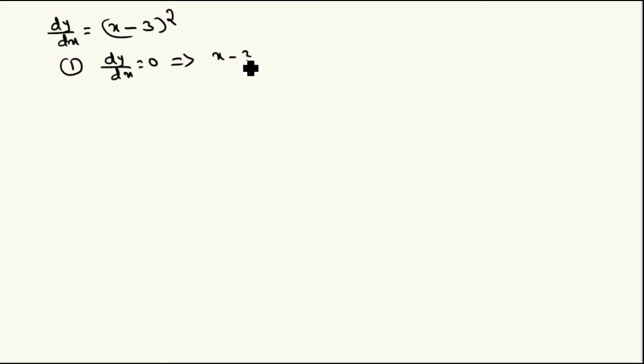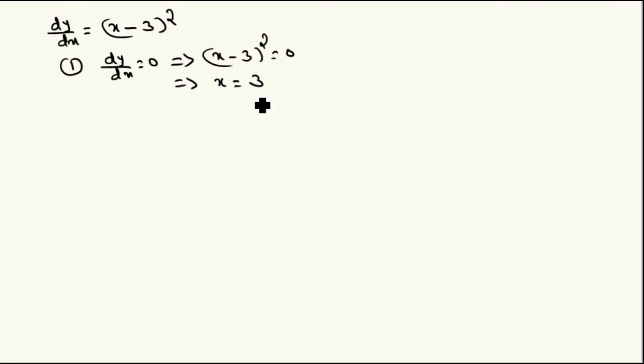Now we will take another example. dy by dx equal to x minus 3 whole square. Now first step, dy by dx equal to 0 implies x minus 3 whole square equal to 0, implies x minus 3 equal to 0, so x equal to 3.